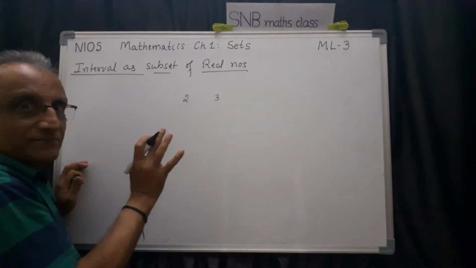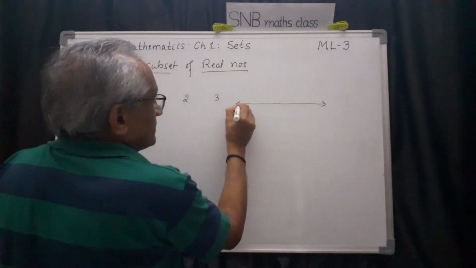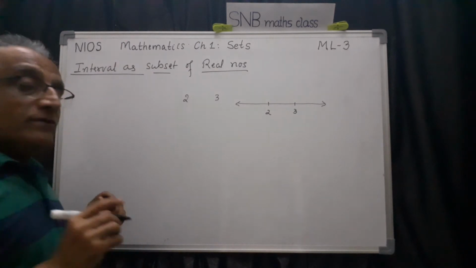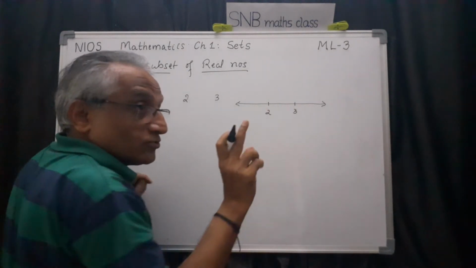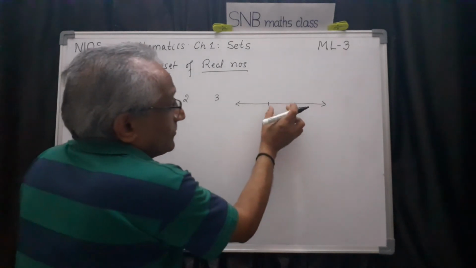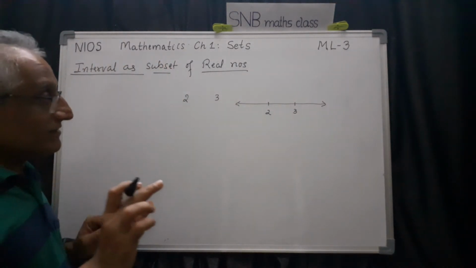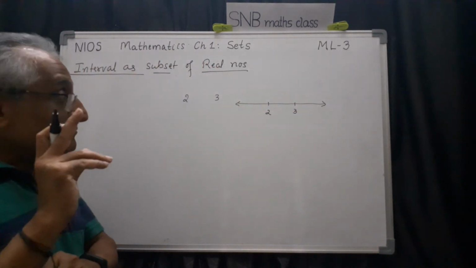Suppose you take the number line here, this is 2, this is 3. You should not leave any number. That means all the real numbers here. That is called the interval. That means you have to take a part of the line. But there are different possibilities.